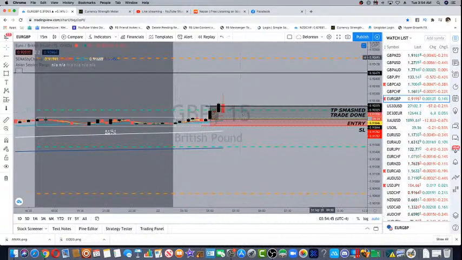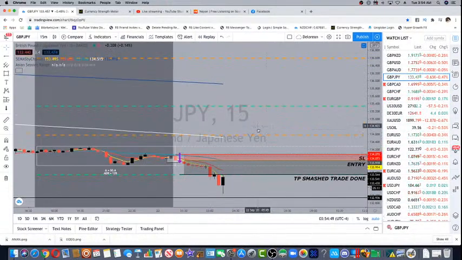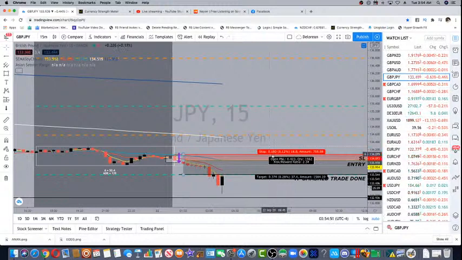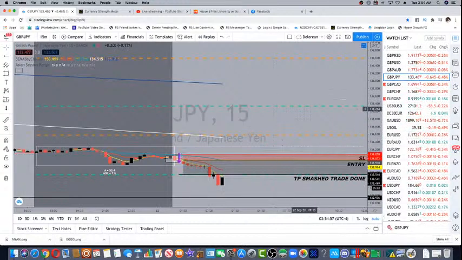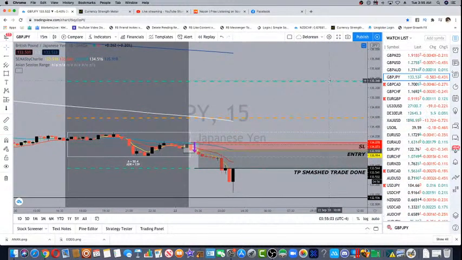Yeah, that's 2.3, and GJ was a 2.3. So we got over 8 pips, close to like 9% for the day so far. All we try to do is get our 5% a day.